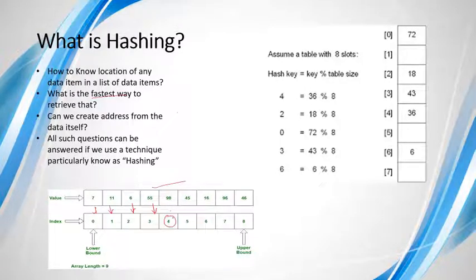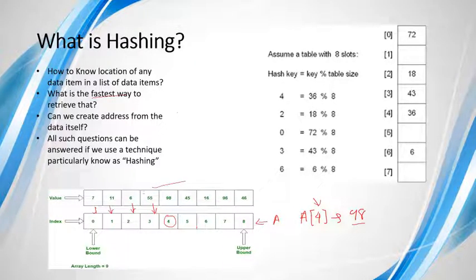Suppose we are trying to fetch an item at location 4, and the name of this array is A. If I provide this information, this will give us 98. So in this concept of array, by providing an index value or an address, we can directly access the element.